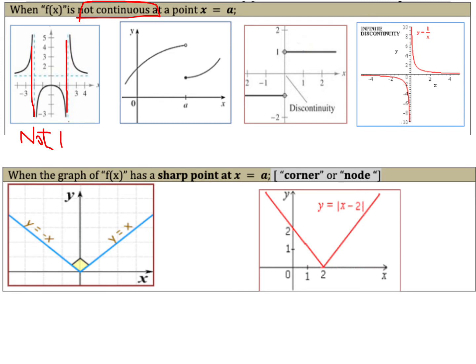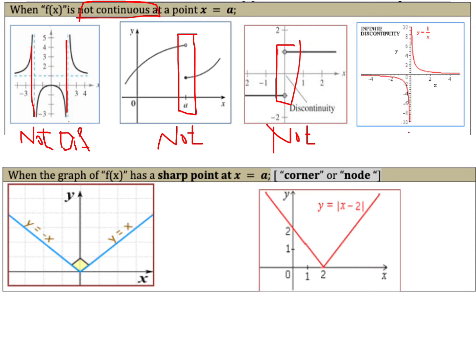Why? Because it has a vertical asymptote. If I look at the second one, also not differentiable. Why? Because there is jump discontinuity at A. This is also not continuous, and not differentiable at x equals 0, clearly, because also there is jump discontinuity.